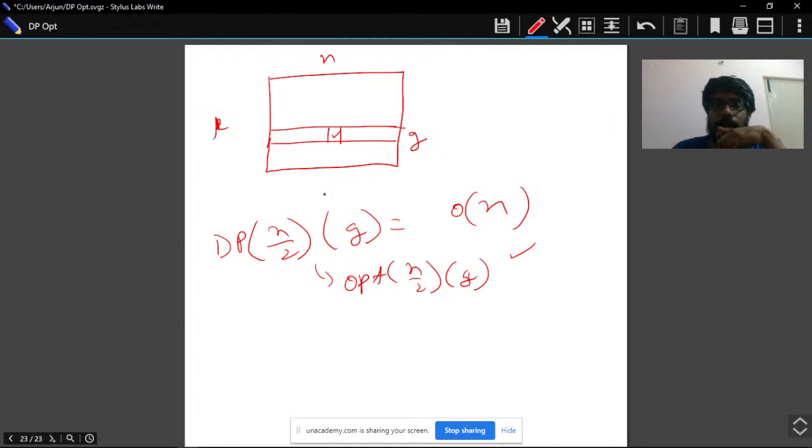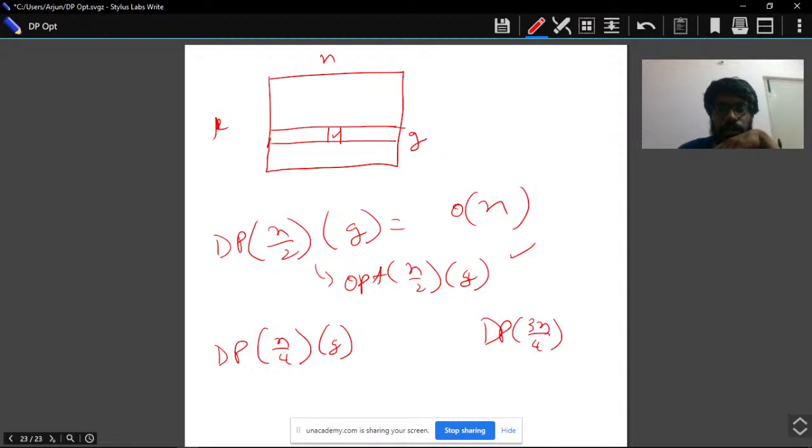Okay. Now the next thing I'm going to find is dp[n/4][g] and dp[3n/4][g]. And now what do I know about opt[n/4][g]? I know it's less than or equal to opt[n/2][g]. So my j for loop inside this can run from 1 to opt[n/2][g].